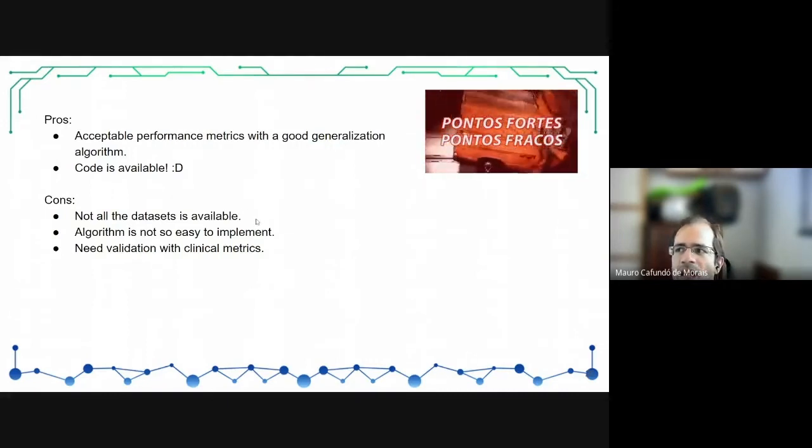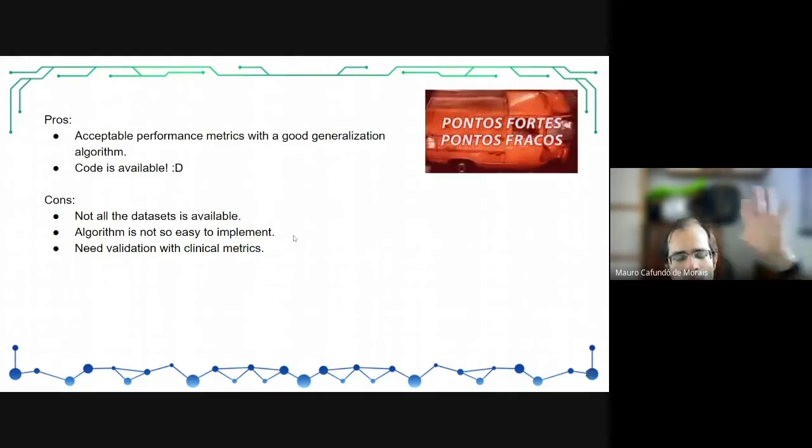They say that's because the data was not fully anonymized, meaning that we can still track down the patients if we have access to the data. And the code is not so easy to implement. It requires some knowledge. That's one of the weak points, I think. It takes a little bit of effort and some time to understand how the code works and how they are using the whole pipeline they built.